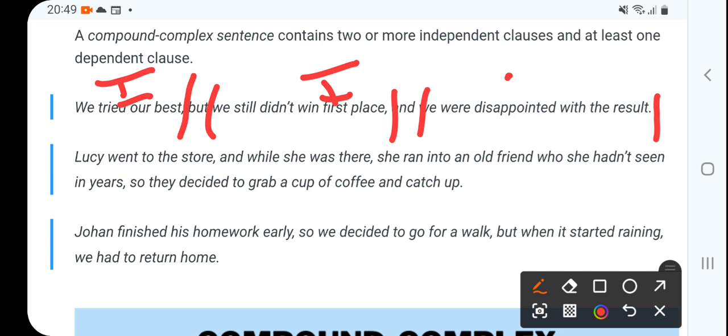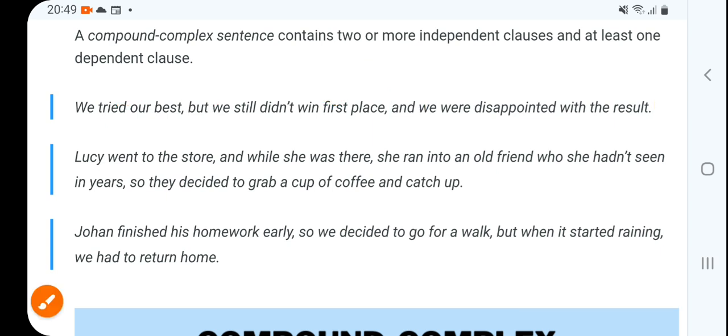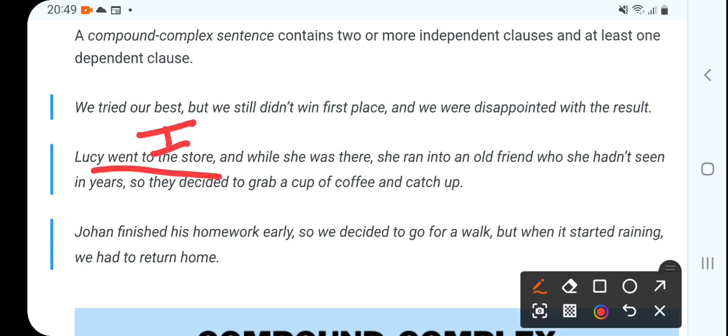Number 2: "Lucy went to the store," independent clause, "and while she was there," that is a dependent clause.